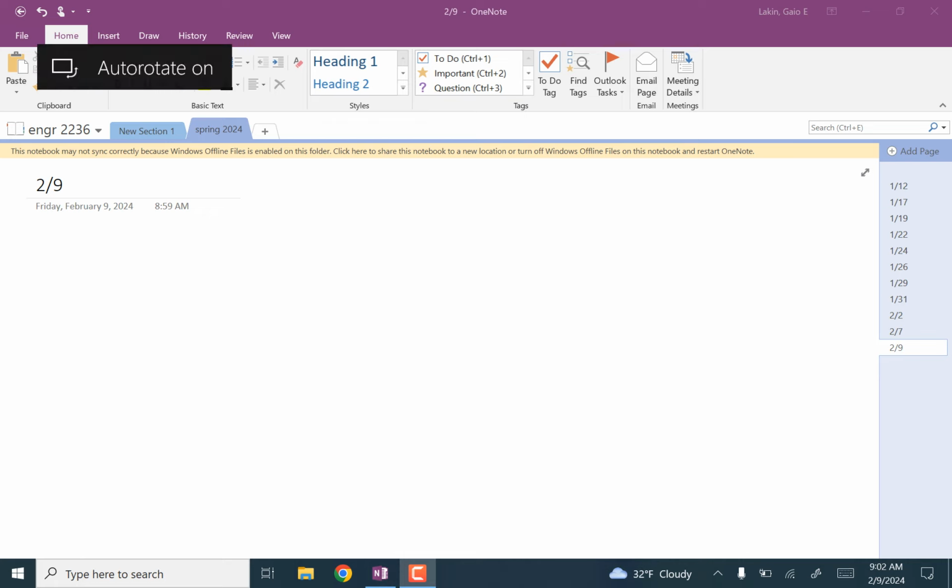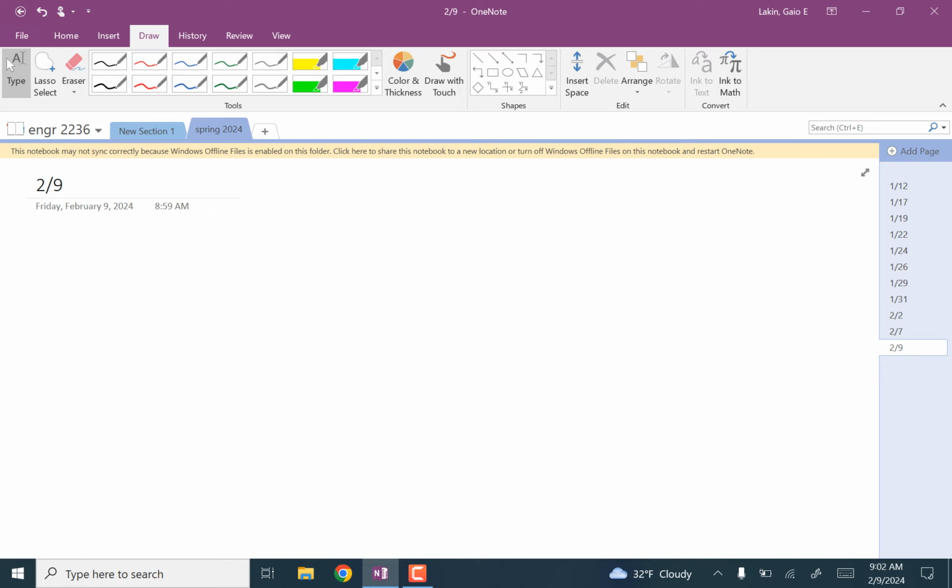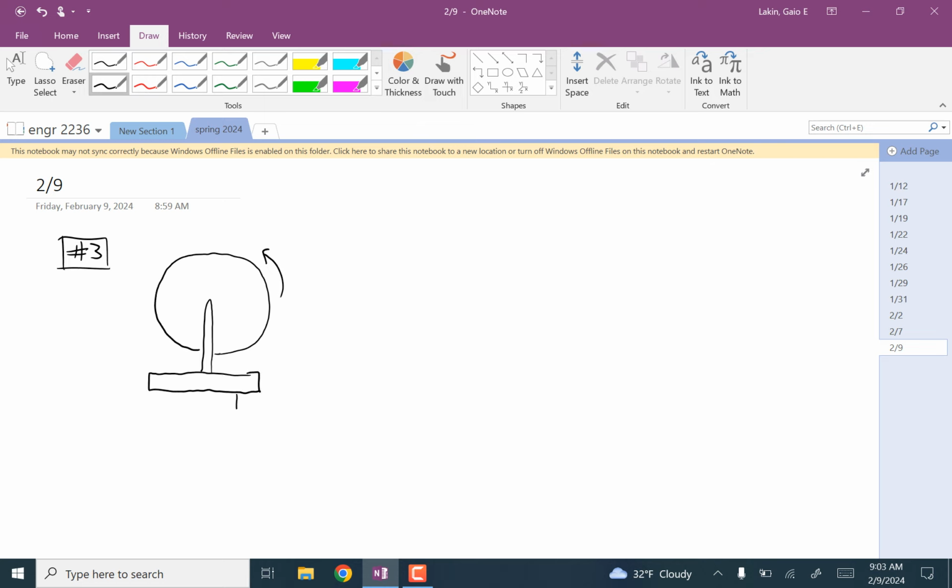So it's one like this. I think it's number 3. You have a Ferris wheel. It actually doesn't matter which way the Ferris wheel's going. And then you have a train car that's accelerating perpendicularly.